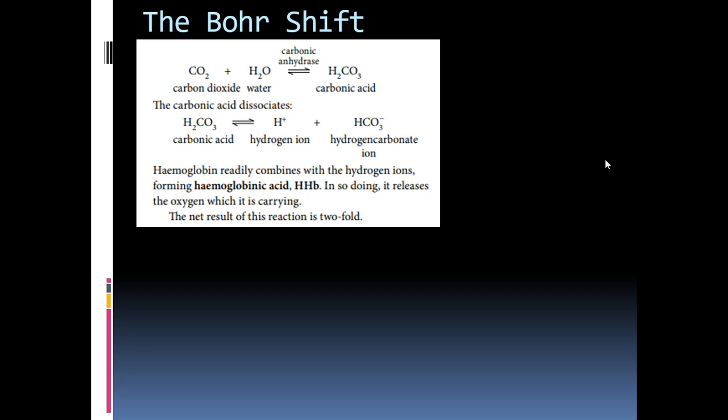So not only the partial pressure of oxygen, the partial pressure of carbon dioxide also plays a very important role in determining how many hemoglobin molecules can actually bind with oxygen molecules.